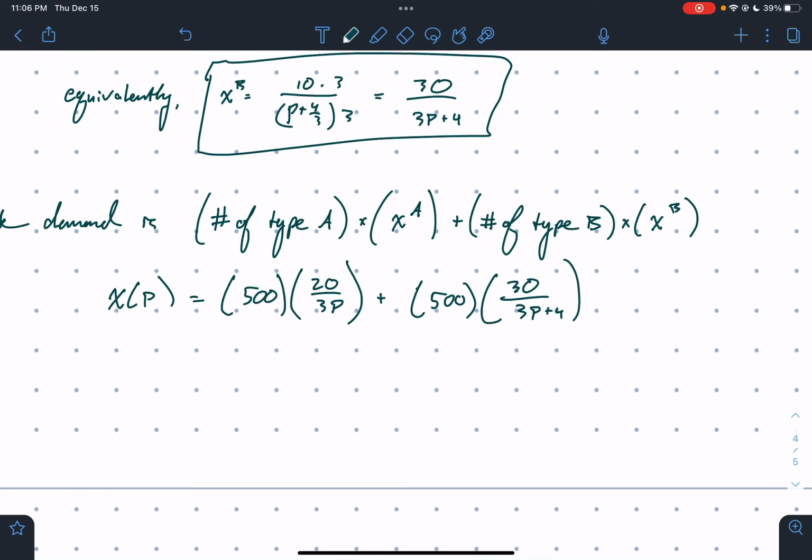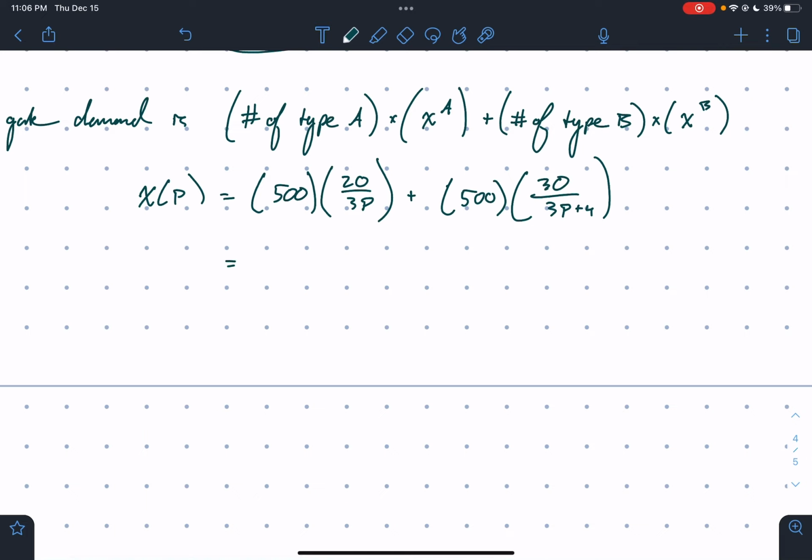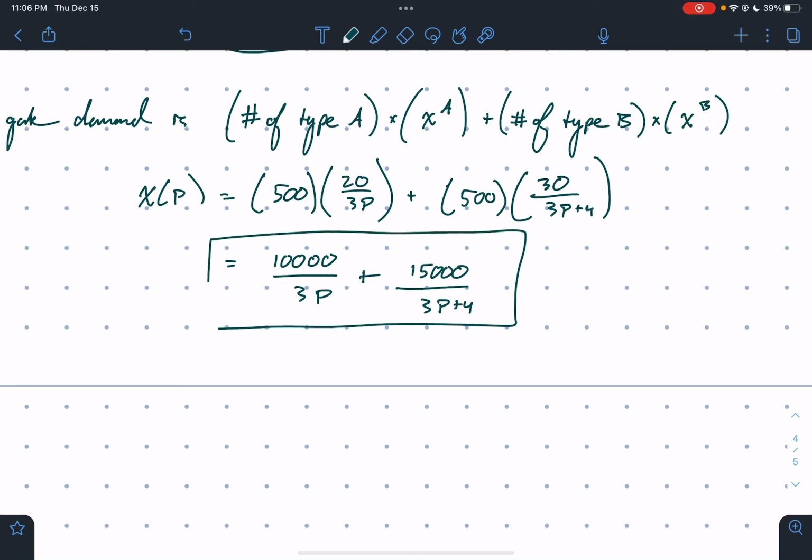And then what I can do is I can just simplify this. So this is 10,000 over 3p plus what I'll get here is 15,000 divided by 3p plus 4. So this is the aggregate demand for good X as a function of the price of X.